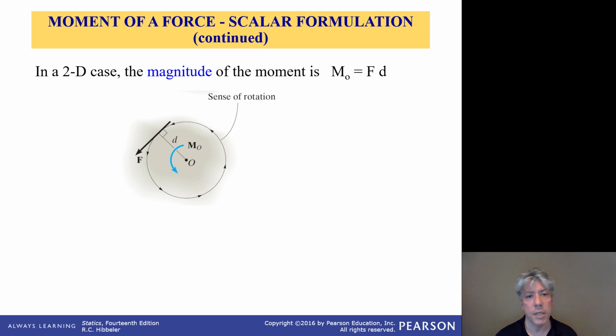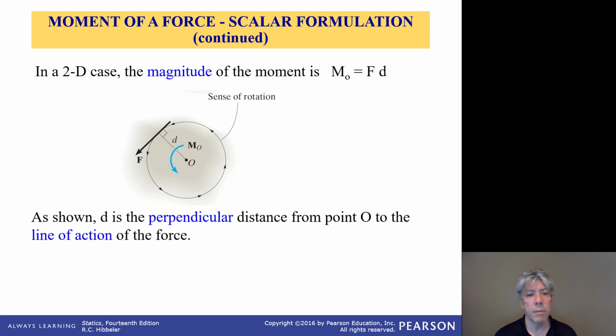And that, in this case, is indicated by the symbol d. So simply F times d is the magnitude of the moment being applied to whatever body this force is applied to, and is tending to rotate about that point.